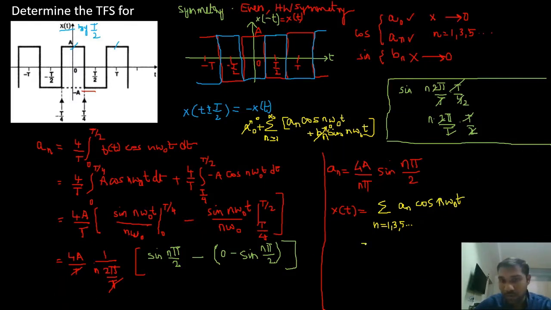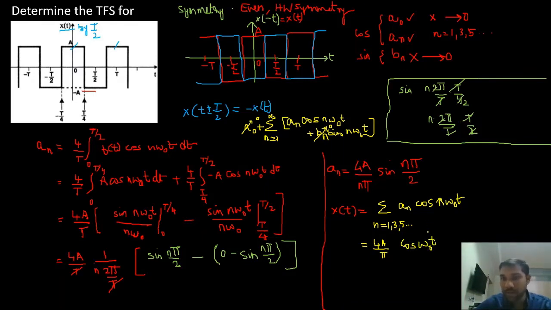If we expand it, when n is equal to 1, I have 4A by pi cos omega naught t.